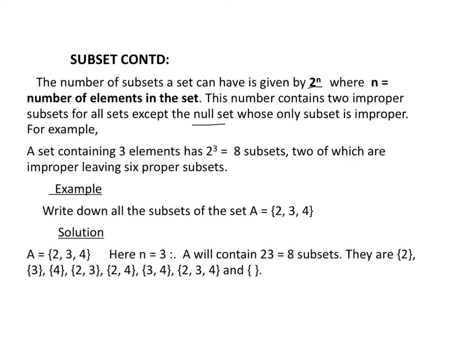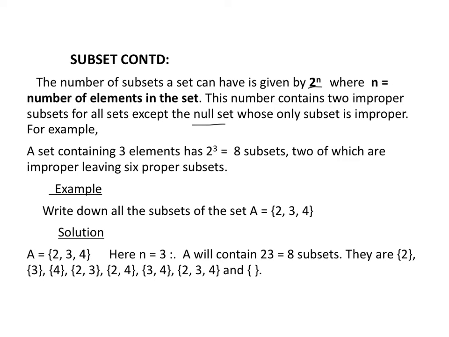Remember that improper subsets arise when the sets A and B contain each other, so they are equal. So for a null set, that is a set that has no element, each subset will be improper. That is, it will also have no element. So for example, a set containing 3 elements has 2 raised to power 3, which is equal to 8 subsets, 2 of which are improper, leaving 6 proper sets.